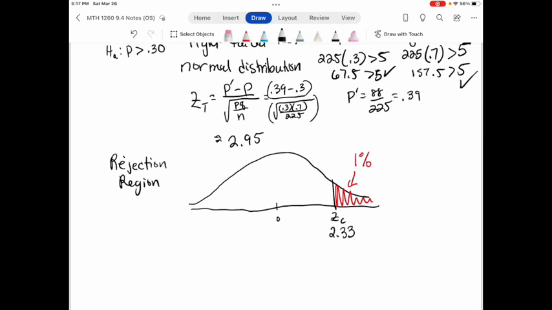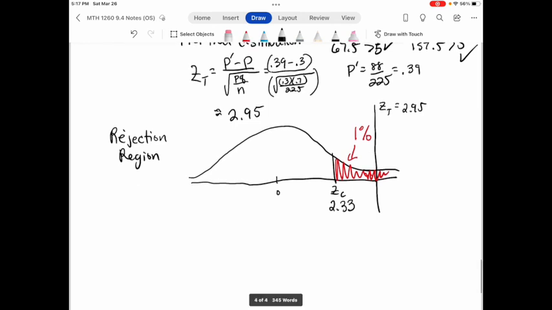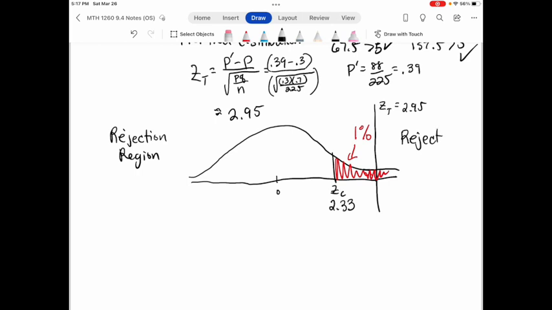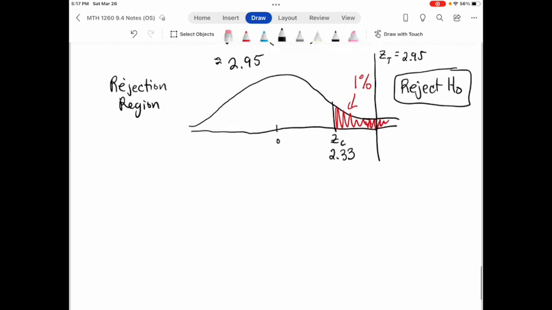Now, looking at our test statistic, we got 2.95. So that is going to be in the shaded area because it's greater than the 2.33. When I draw my test statistic on here, my test statistic is going to be over 2.33 because we got 2.95. So that's going to be in the rejection region, which means we are going to reject the null hypothesis.